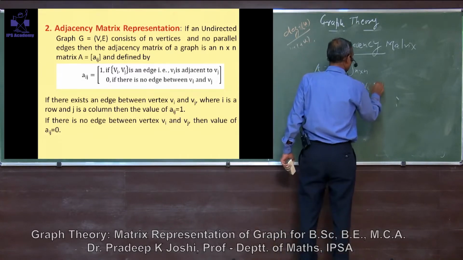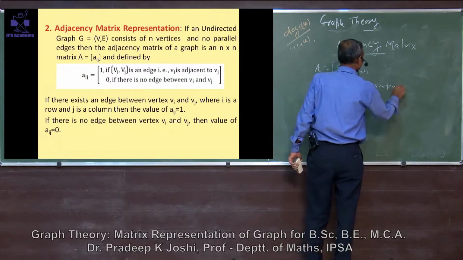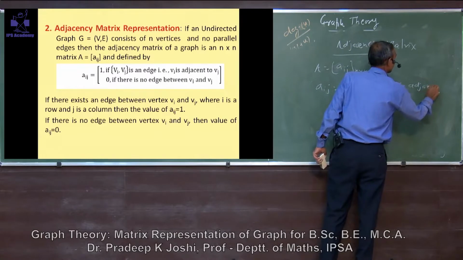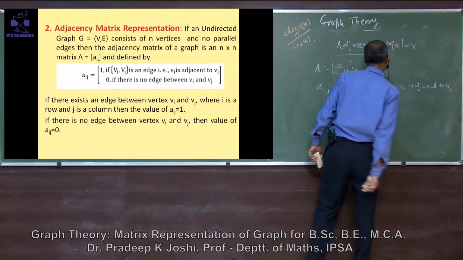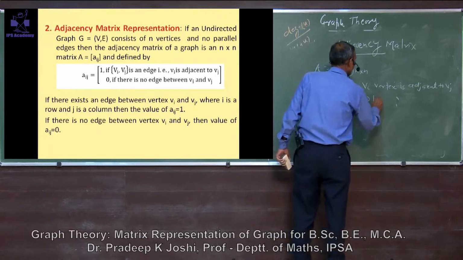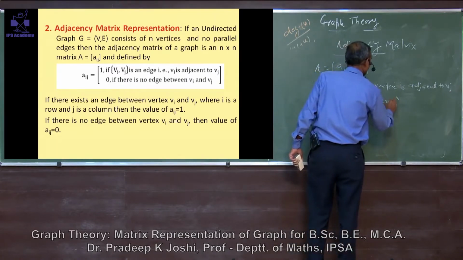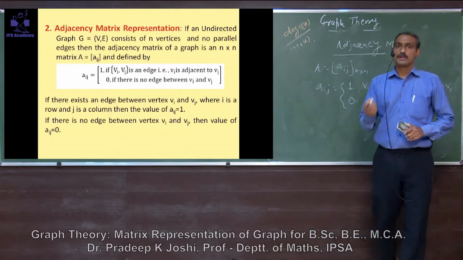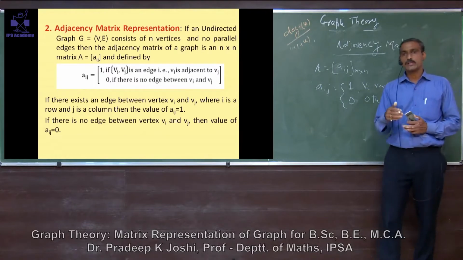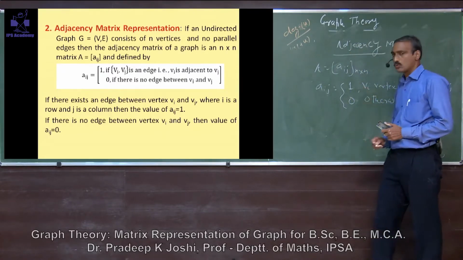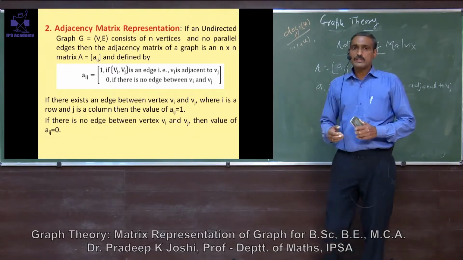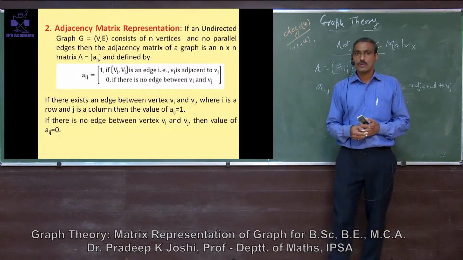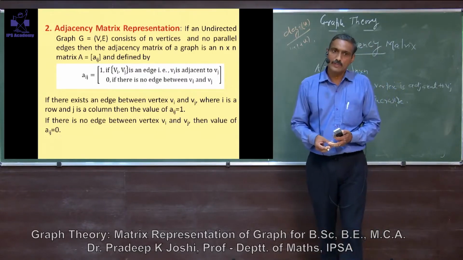If vertex Vi is adjacent to Vj, then put 1. Otherwise, if they are not adjacent to each other, then put 0. If there exists an edge between vertex Vi and Vj, where i is the row and j is the column, then the value of Aij will be 1, and otherwise it will be 0.